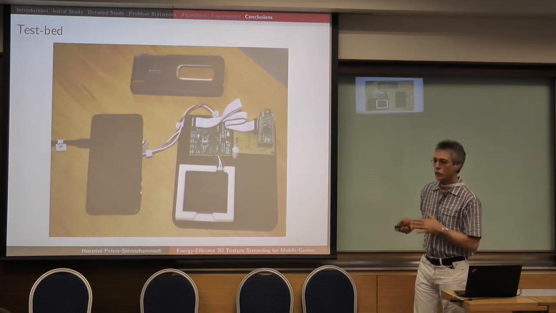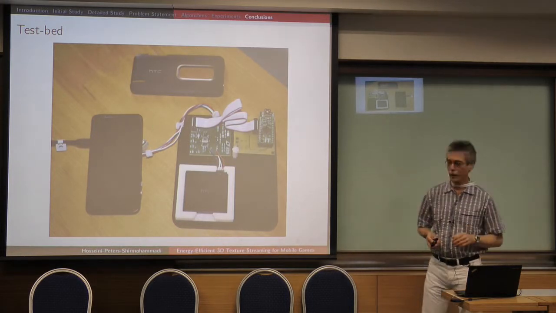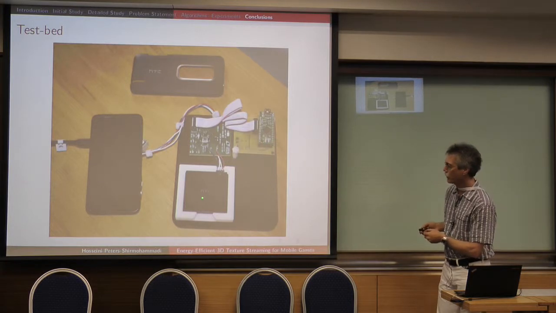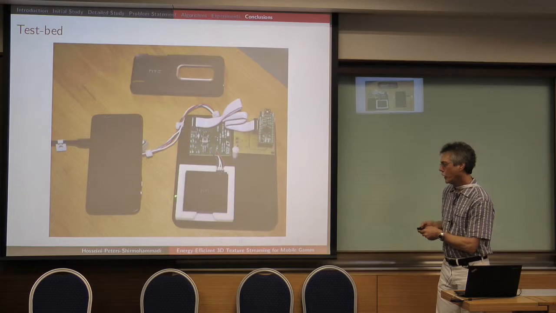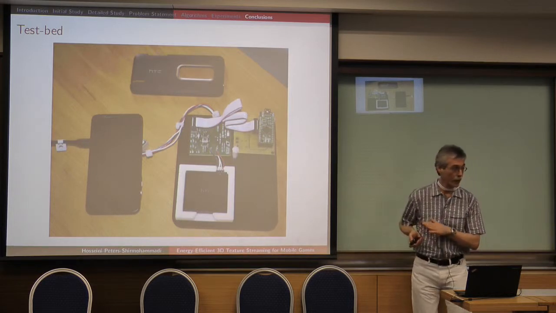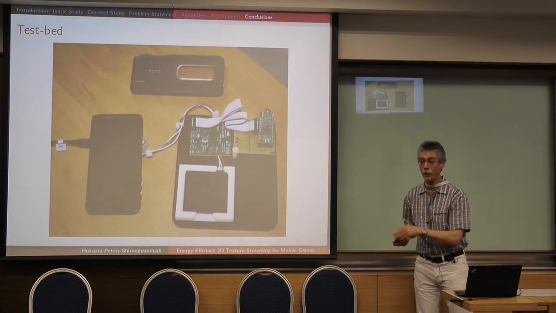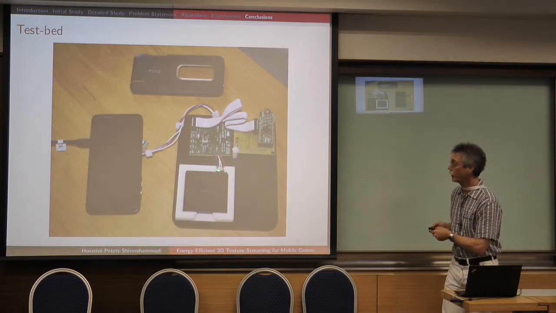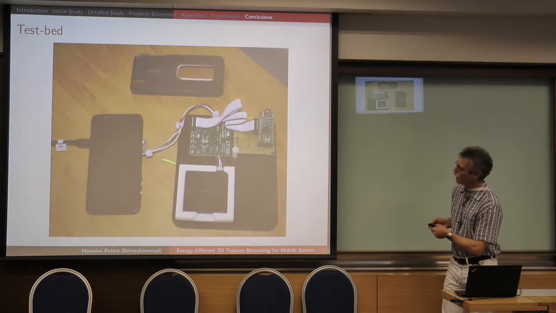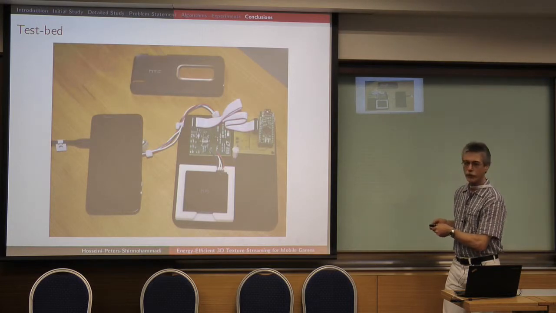So the first thing that we did was we took it apart and replaced the software. This is the battery. We used a 3D printer and made a cradle for the battery, and you can't see it, but we made a plug the same size as the battery, stuck it in the back, and wired them together. So now the battery is here and the phone is here, but they're connected through these wires.